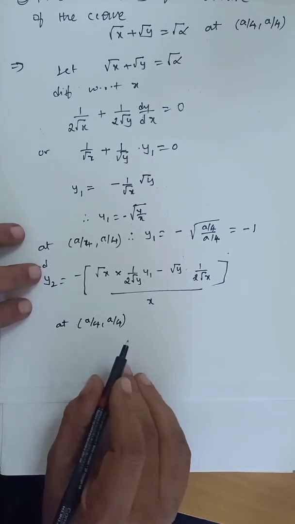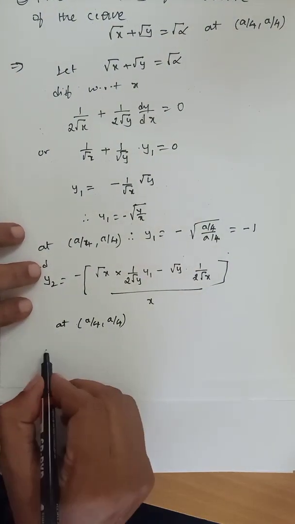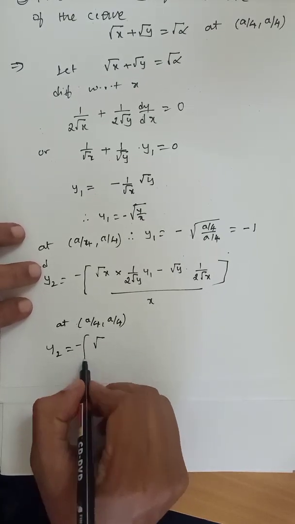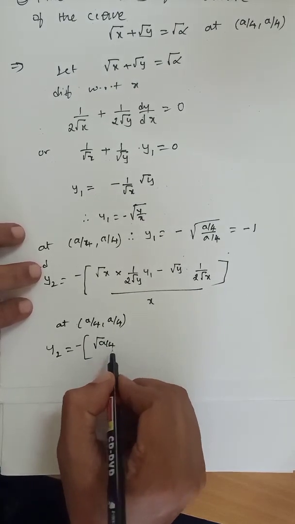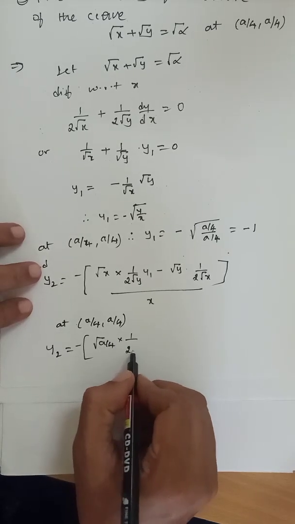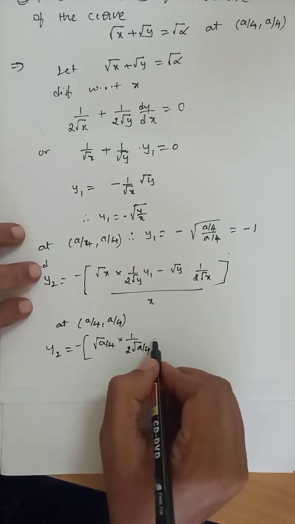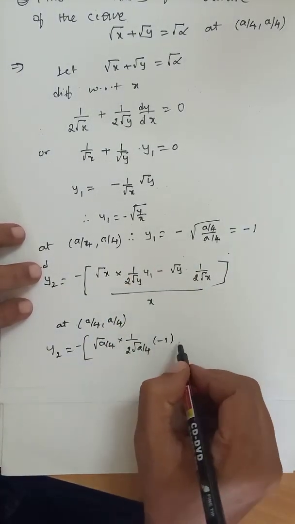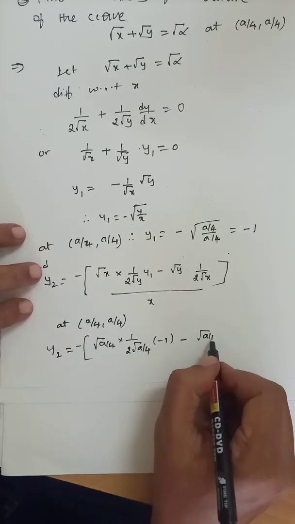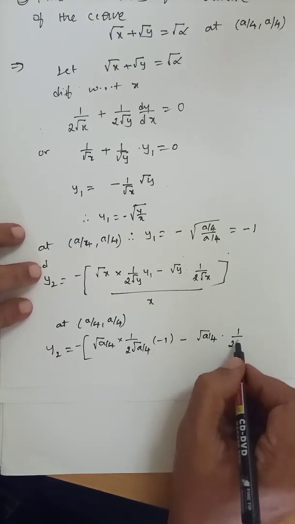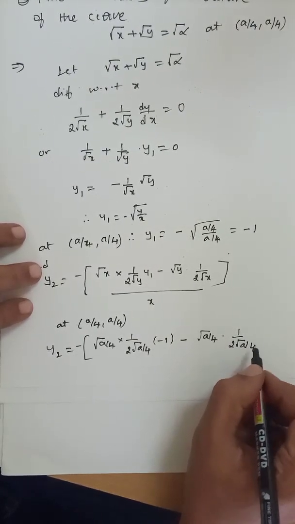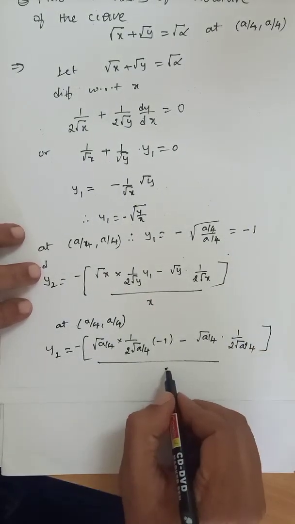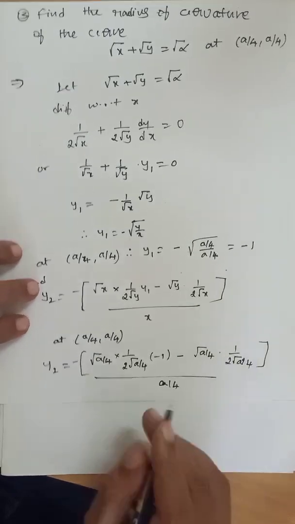Apply x is equal to a by 4, y is equal to a by 4. You will get y2 is minus of a by 4 into 1 by 2 root a by 4 into y1 is minus 1 minus root a by 4 into 1 by 2 root a by 4 divided by x is a by 4. Write down this first.